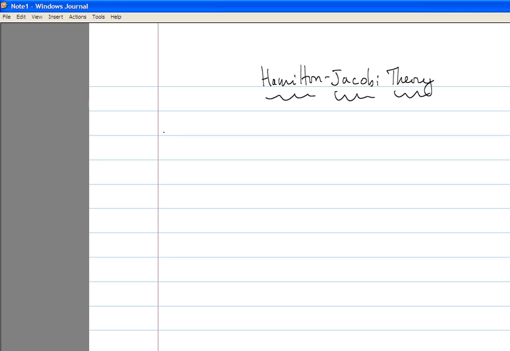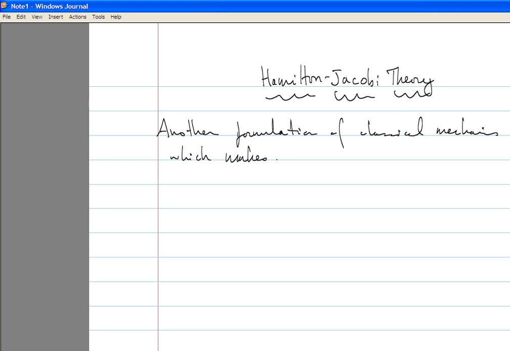So Hamilton-Jacobi theory is another formulation of classical mechanics which makes the relationship to quantum mechanics even clearer than it was in the Hamiltonian formulation of mechanics.